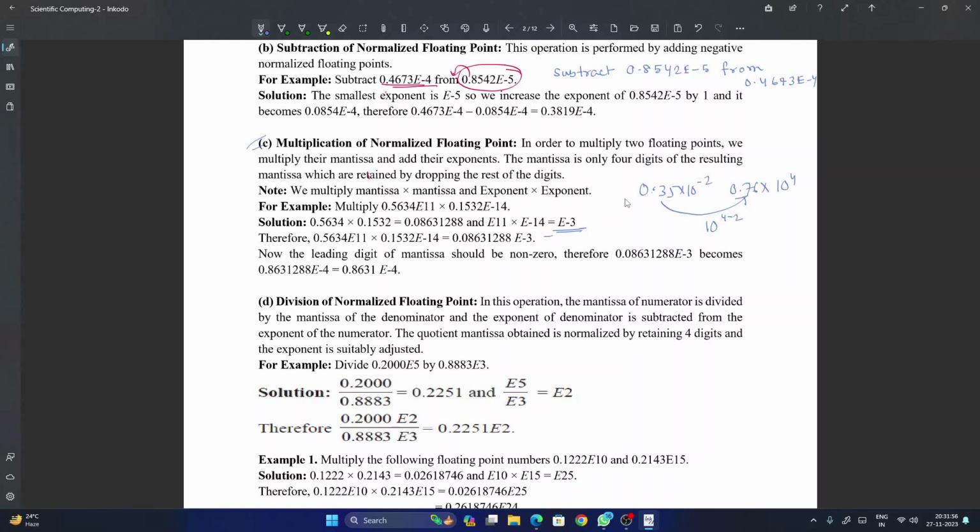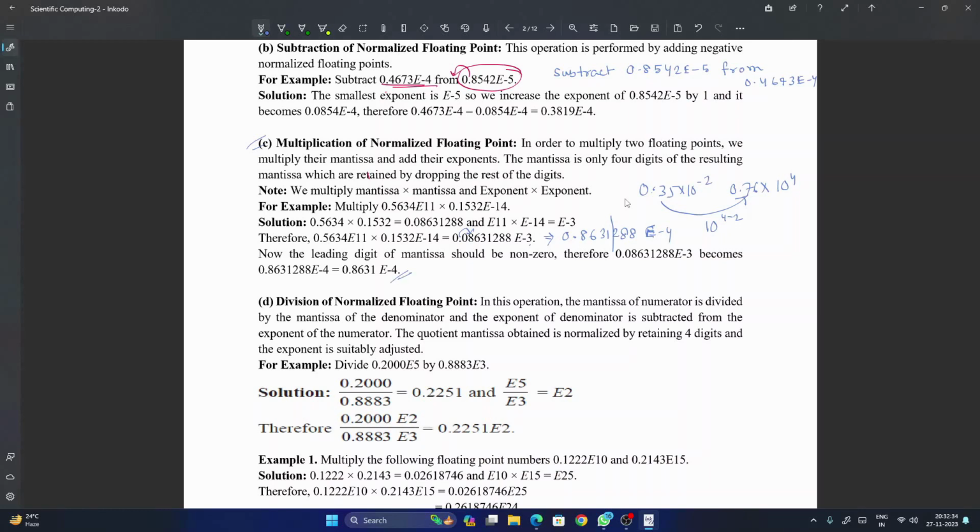Whenever you normalize, you have to shift it 1 place, so the exponent will be reduced by 1, that means it will be 0.863128 into E minus 4, and after that you can neglect the digits beyond the fourth. Your system will neglect all these values and it will give 8631 and E minus 4, because it has a 4-digit mantissa format only. So that is the value.